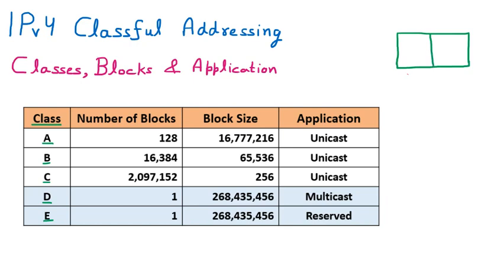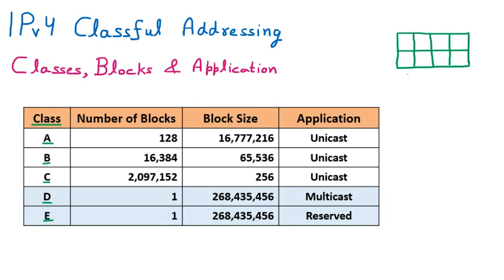So now we can say that these are 2 blocks, but the size is more. And if I further divide, now these are 4 blocks, but the size is less as compared to the previous blocks. Again I further divide into different parts. Now these are more blocks, but the size is less.